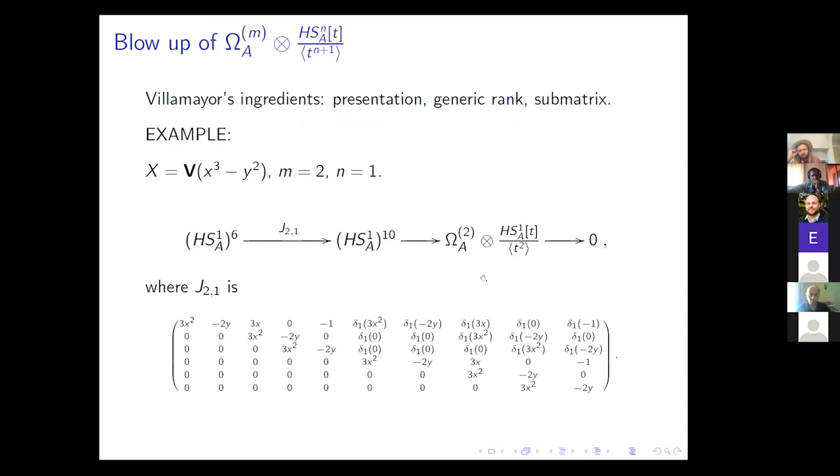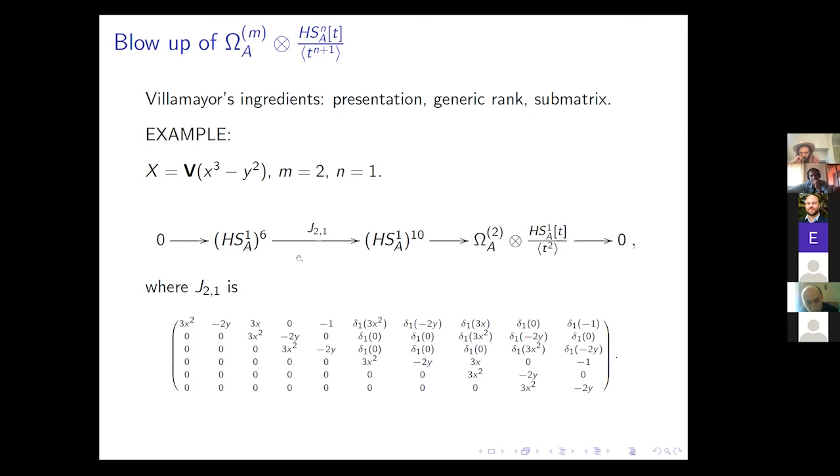Of course it's going to be a bigger matrix. So we have this sequence with this matrix. Here there are some details to explain, but right now I just want to emphasize that this matrix is written in row echelon form. So in particular it has maximal rank, so there is no kernel here, and we obtain this exact sequence.